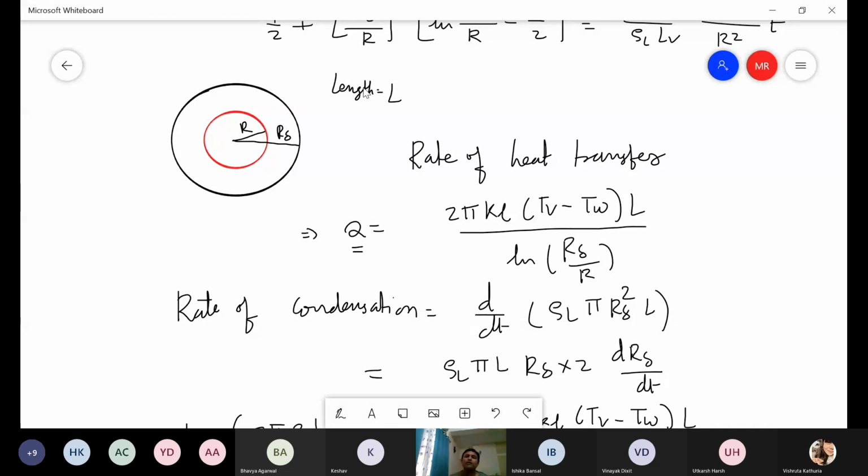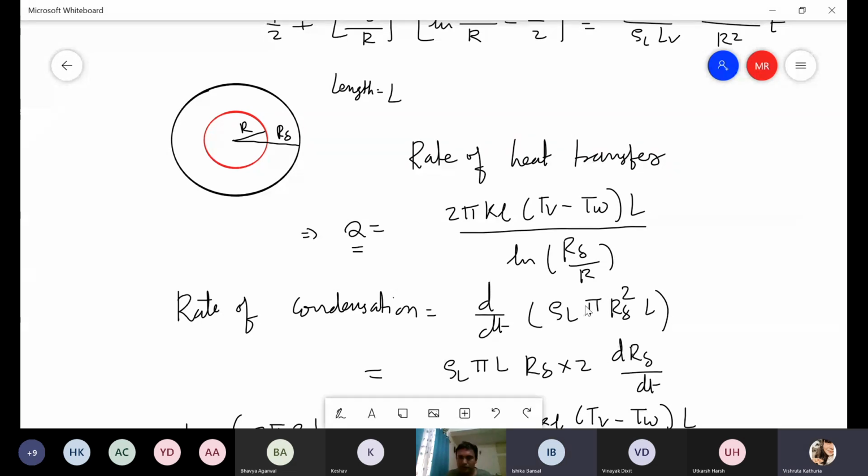So this pi r square is giving me the outer surface area into L, so that is giving me the volume of this entire thing. But you are right. You are saying that we have to take the difference between pi r delta square minus r square. That is what you are trying to say. Yes, sir. Okay.